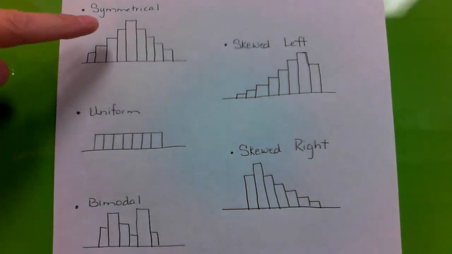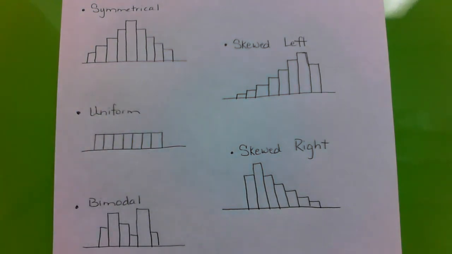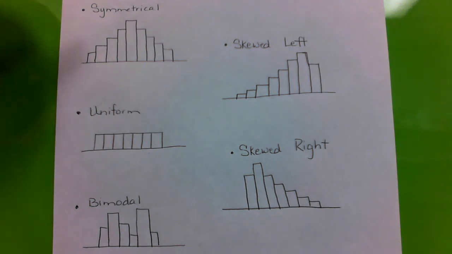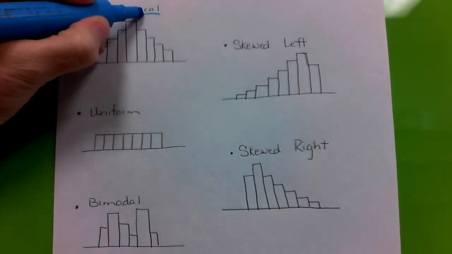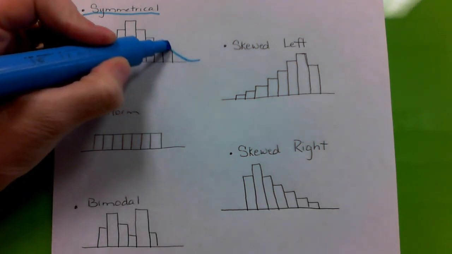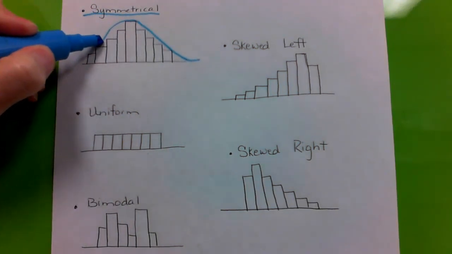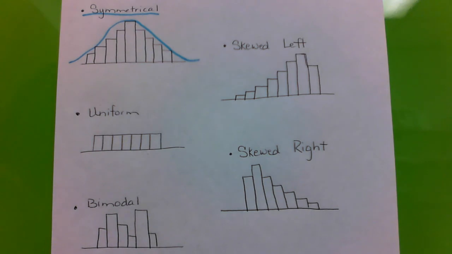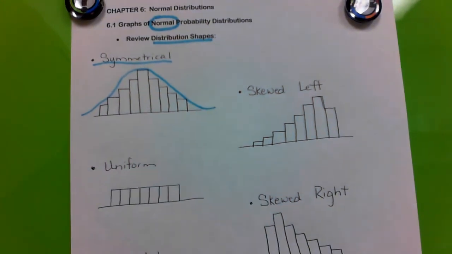Now, of these 5 different distribution shapes, one of these is what we call a normal distribution, and that's what we will be confining our discussion to. And the one that is the normal distribution is the symmetrical. And the reason is that if you were to connect the top of the bars, it would create what we also know as a bell curve.